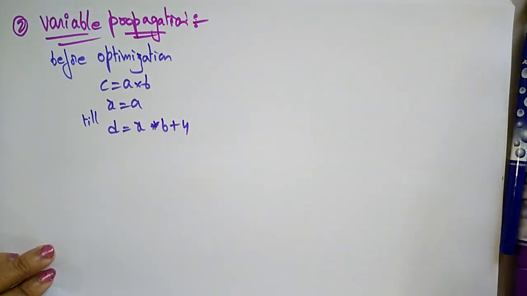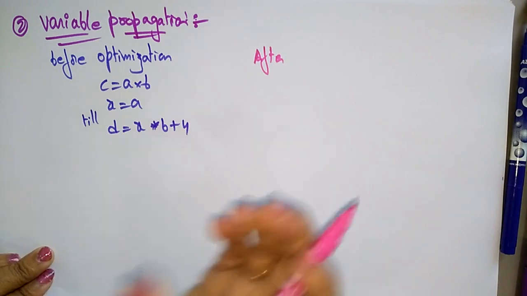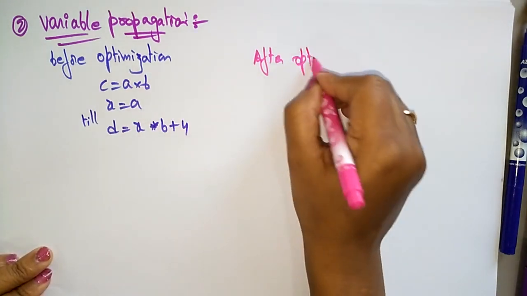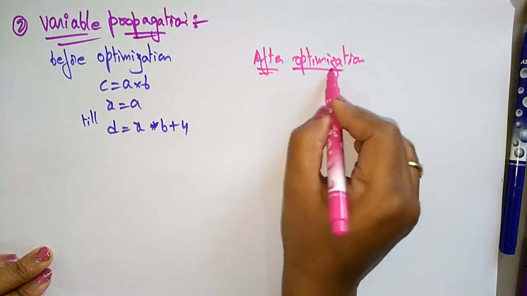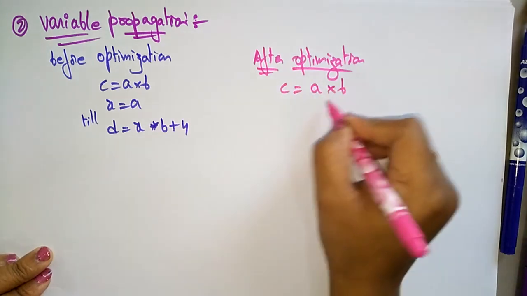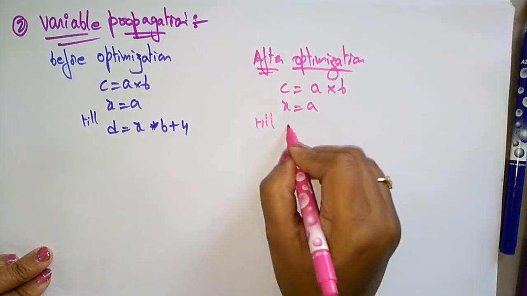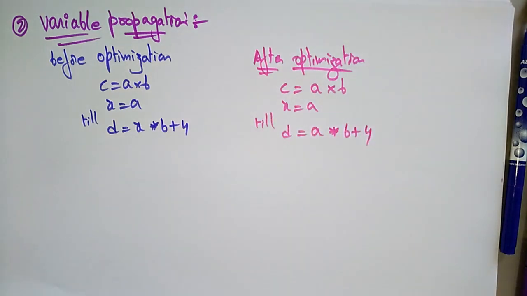Let's see the code after optimization. By seeing this, you can understand what variable propagation is. After optimization: C is equal to A into B, X is equal to A, till D is equal to A into B plus 4. Here the variable is going to be propagated.